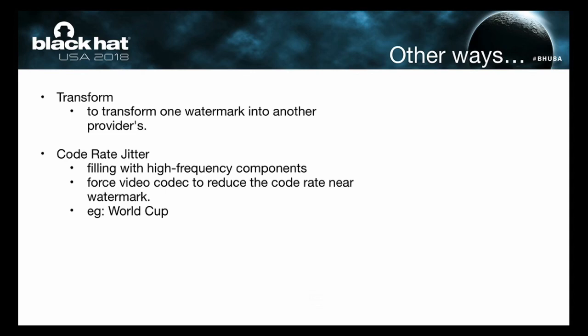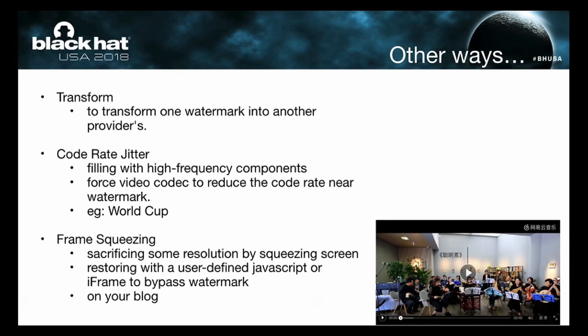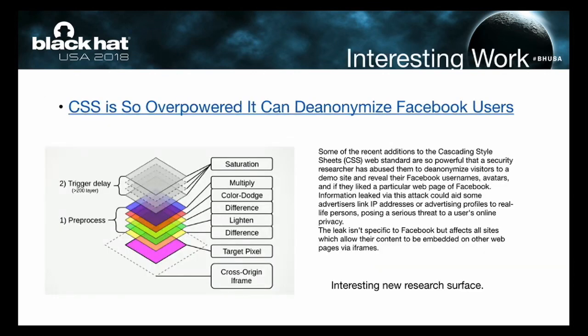Actually, I observed code rate jitter in the latest World Cup. Another way, I think, is just frame squeezing: if you want to place the video on your blog, you can simply hide these pixel areas, and write some JavaScript or iframe to bypass the watermark on your blog.